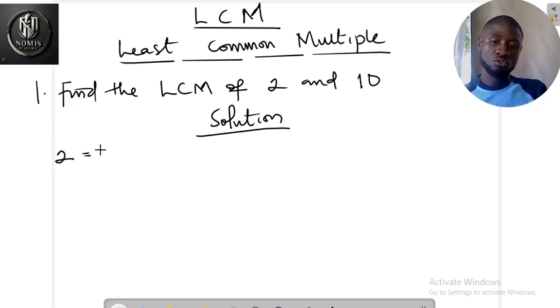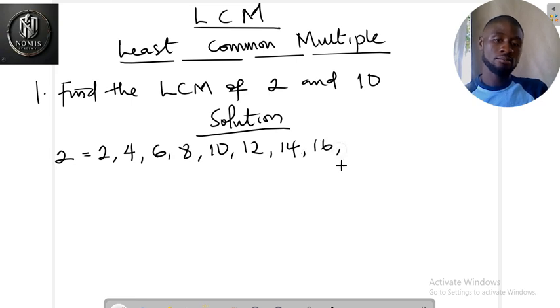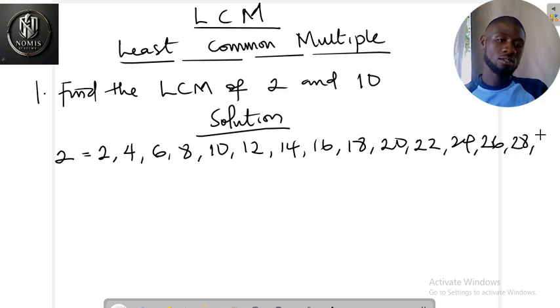The multiples of 2 begin from 2 itself, then 4, 6, 8, 10, 12, 14, 16, 18, 20, 22, 24, 26, 28, 30.